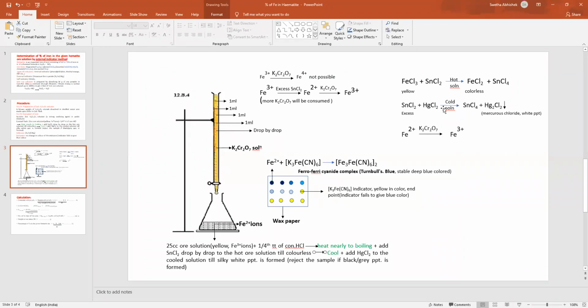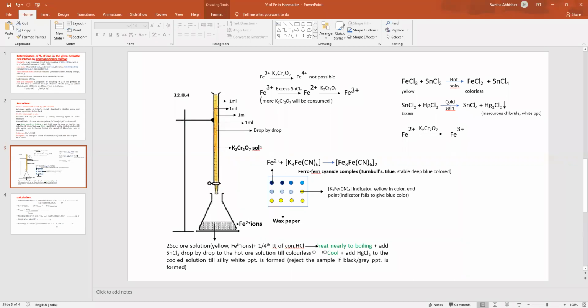Being an oxidizing agent, mercury chloride oxidizes stannous to stannic, and mercury chloride itself undergoes reduction and gets reduced to mercurous chloride. Here, what's the oxidation state of stannous? +2. Here it becomes stannic, that is +4. So it is an oxidation. Mercury chloride, what is the oxidation state here?